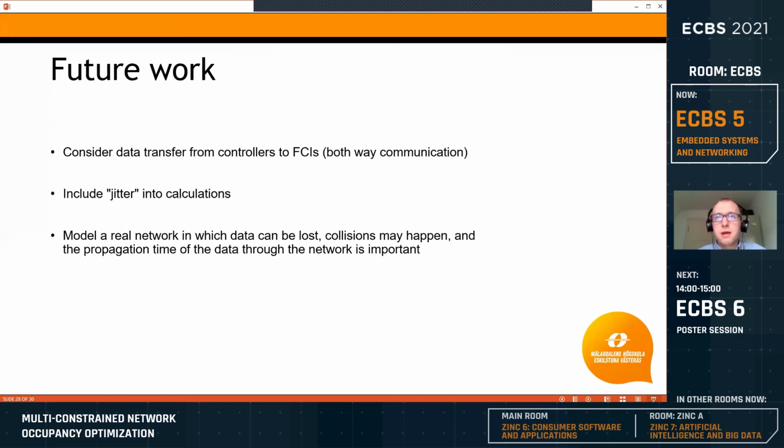Of course, it will make the problem harder to model, but it will model a real network better. And we can model a more realistic network with data collisions and data loss, and take the propagation time into account, because here we say that the propagation time is negligible.